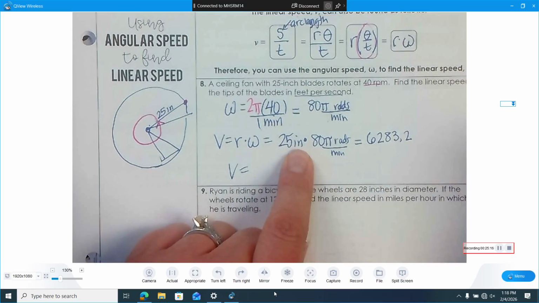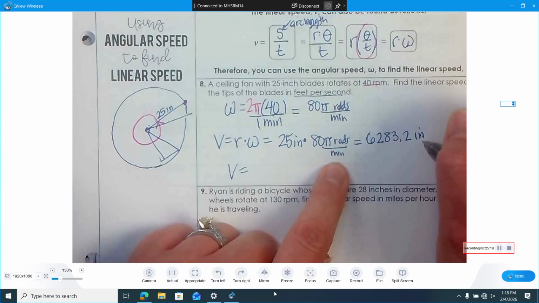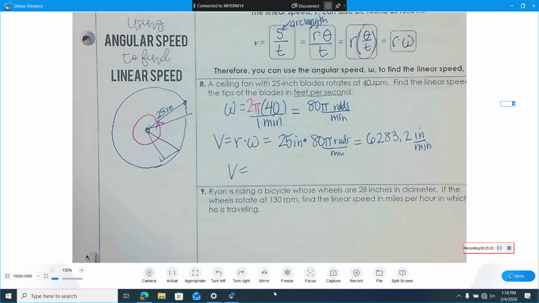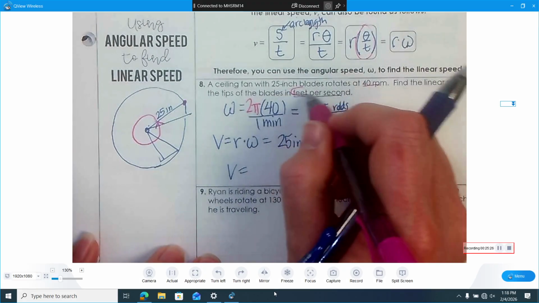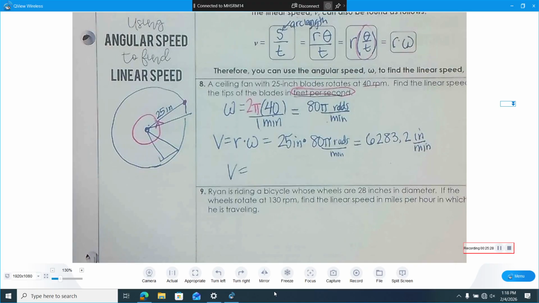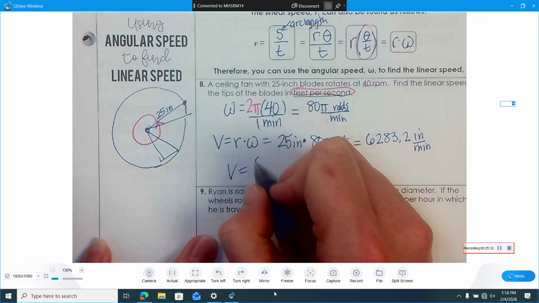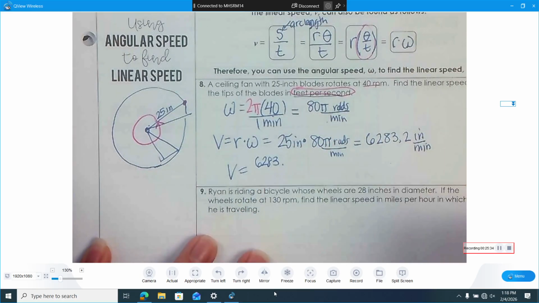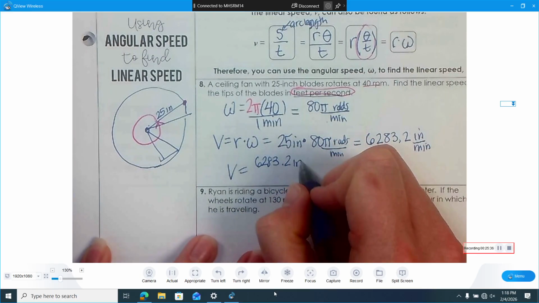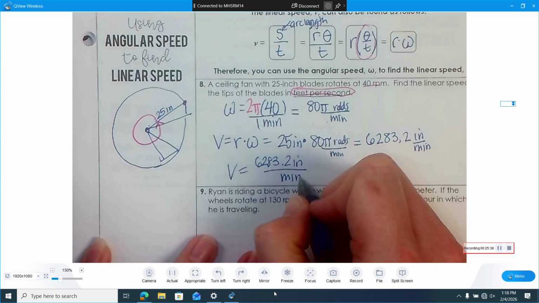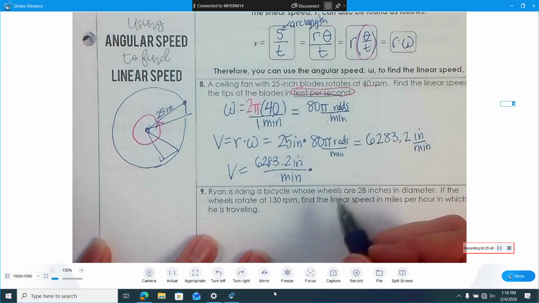Inches on top and minutes on the bottom. And is that what we want? No, we want feet per second here. So more conversions. I'm going to take my 6283.2 inches on top, minutes on the bottom, and I need to convert to feet and seconds.